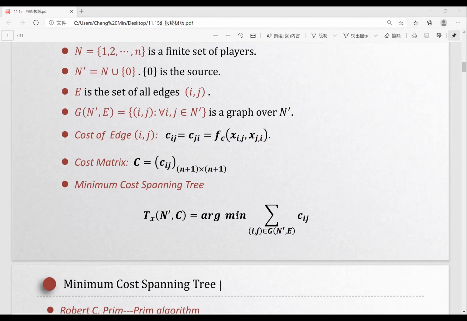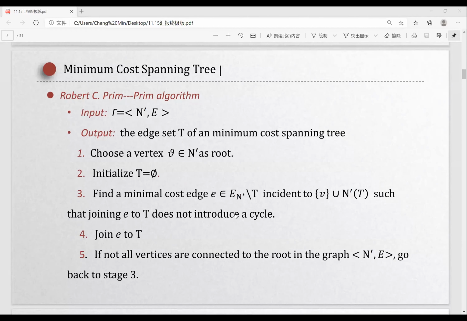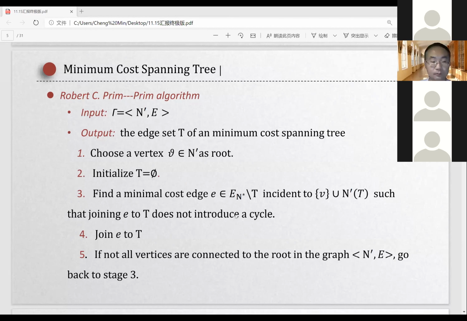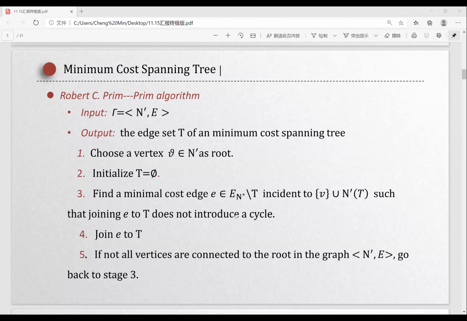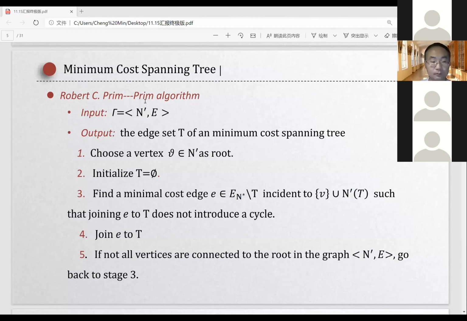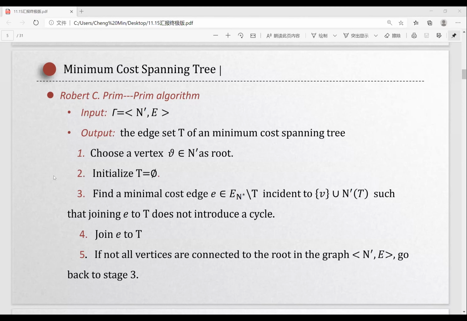In 1957, American computer scientist Robert C. Prim independently discovered an algorithm for finding the minimal spanning tree called Prim's algorithm. Each step of Prim's algorithm adds an edge to a growing tree, which has only one vertex at the beginning, and then adds v minus 1 edges, always the edge with the least cost of the cut formed by the growing tree and the part other than the growing tree.